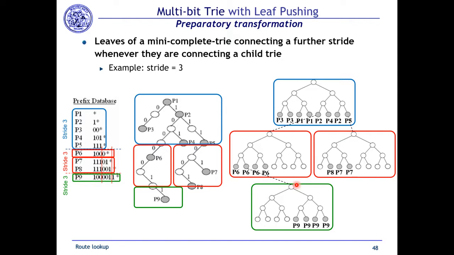We have already built the architecture based on complete subtries. Now here you see, for example, that you have this link connecting P2 to this other subnode, and here you have the pointer connecting P5 to this other subnode.